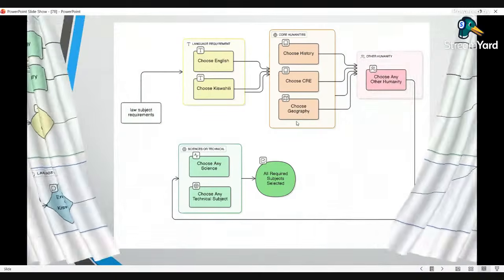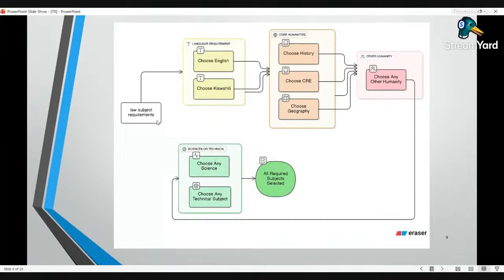For example, for those people who are asking about law. In law, you first of all choose between English or Kiswahili, pick the one that you performed well in, then pick 2 of the humanities. If you did history and CRE, then they will pick those 2. But if you did 3, they will pick the best 2 from those 3.